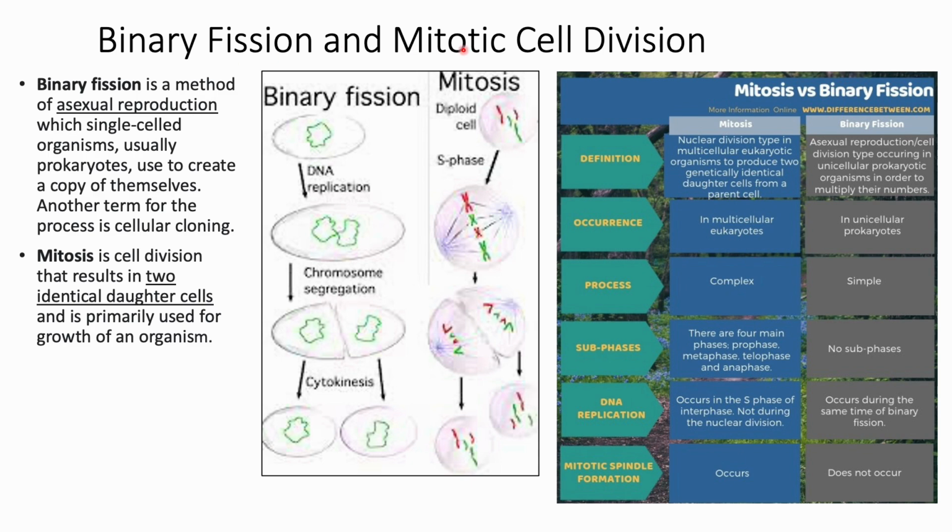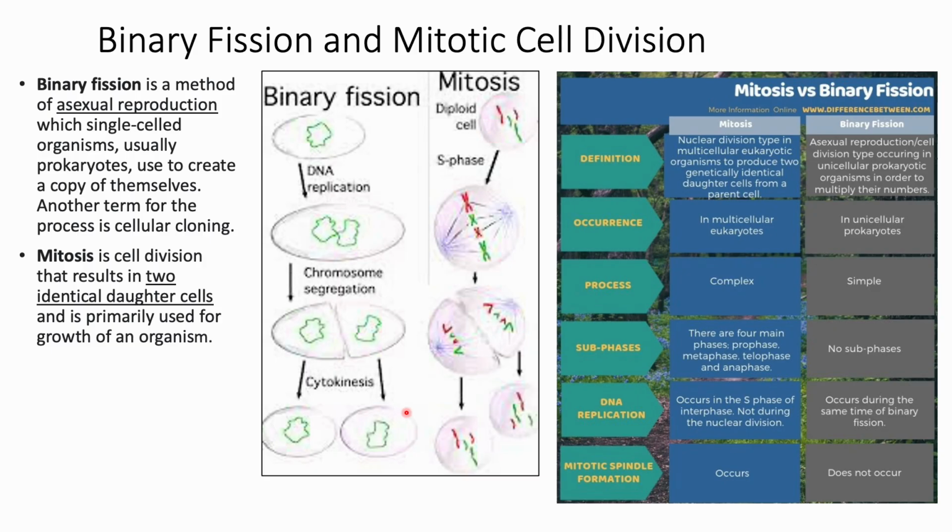Binary fission and mitotic cell division are the two processes in which a cell reproduces through something known as asexual reproduction. Asexual reproduction just means it's starting with one cell. If you look at this diagram, binary fission begins with one cell, and then mitosis also begins with one cell.